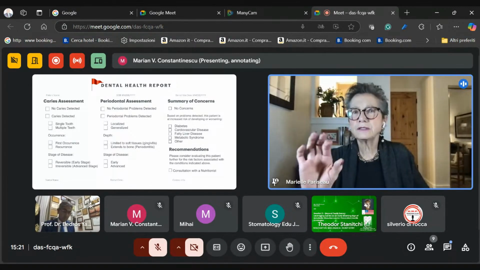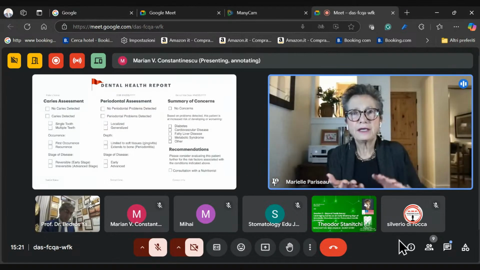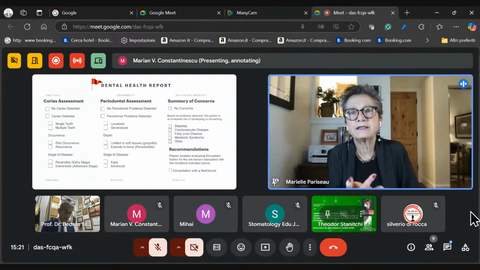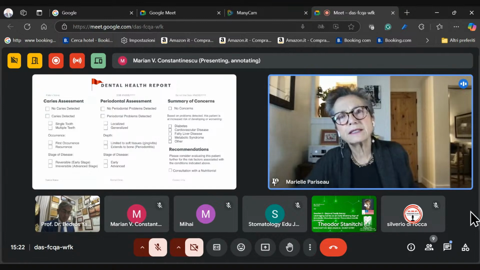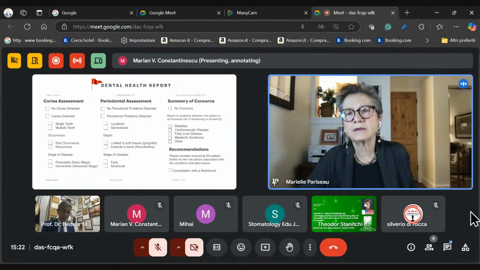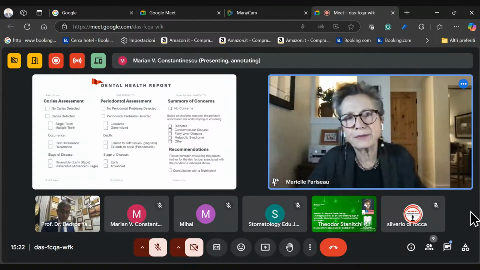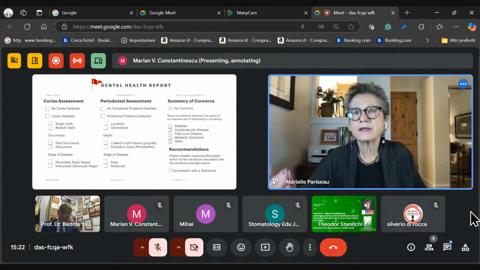And now the physician, seeing the red flag, can open and can see how serious the caries disease is, or how serious the periodontal disease is, and check what other systemic issues may be jeopardized by what's happening in the mouth, or by the warning that's happening in the mouth, and see to it that some tests are being done early.